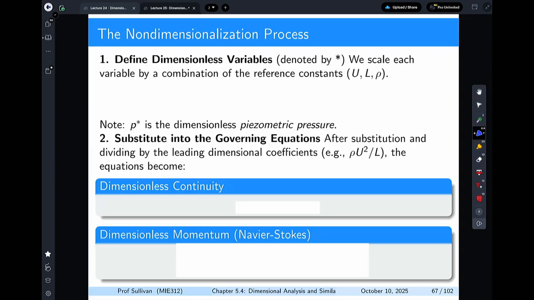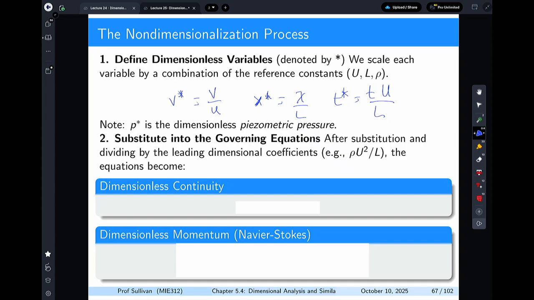So if we take that sort of approach, we can say V star is equal to V over U, which is a characteristic velocity, X over L, which is a characteristic length. Time we have to do a little bit more with. So time, what we do is we divide by length and multiply by velocity.